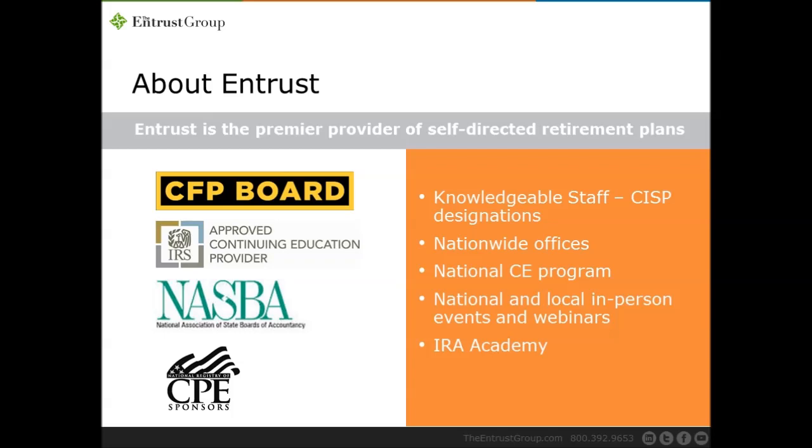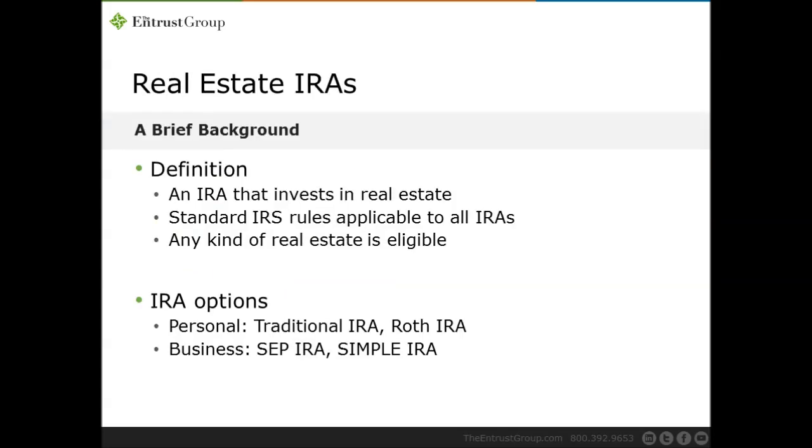So if you're a realtor or CPA and you're interested in that class, you'll get my email at the end, write to me, and we can talk. We have a class called IRA Academy. We actually do education for other companies in our space. We really are the leading educator in our industry. And we have offices throughout the United States. I'm working out of our Oakland office, Oakland, California, which is where we're headquartered.